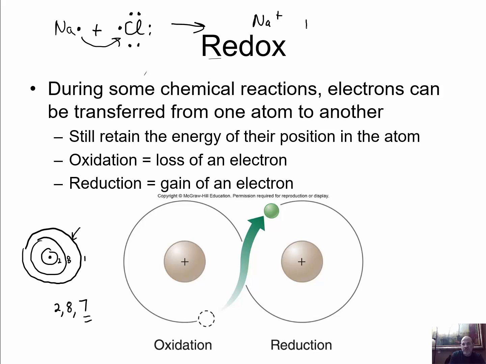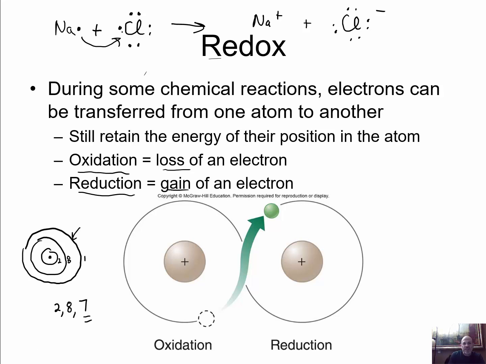Those are the important ones. And chlorine gained that extra electron. It's now a chloride ion, and it's a negative charge. This diagram will help us simply see the difference between oxidation and reduction. An oxidation occurs when you lose an electron, and a reduction when you gain an electron.